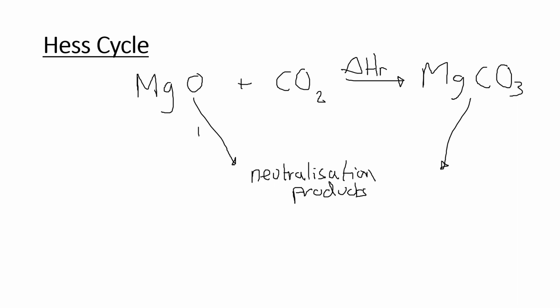Where this is arrow 1 and this is arrow 2. And therefore delta HR, what we're trying to find out, is equal to arrow 1 minus arrow 2.